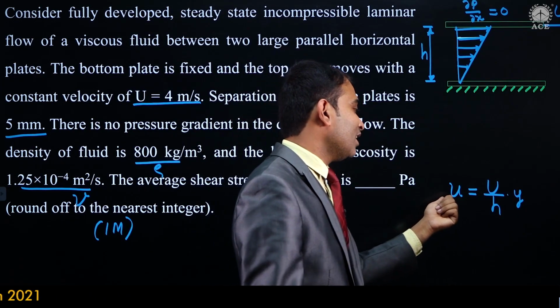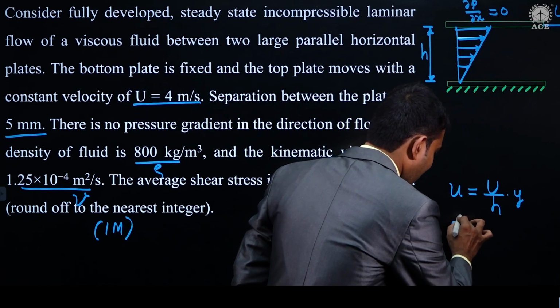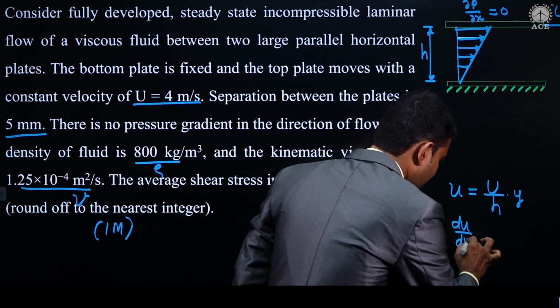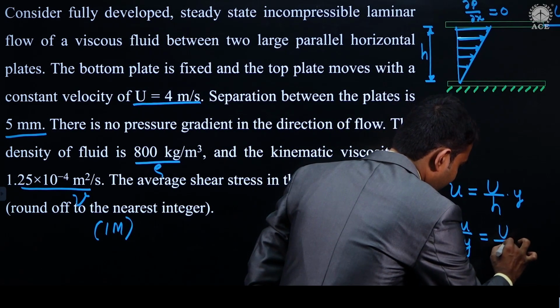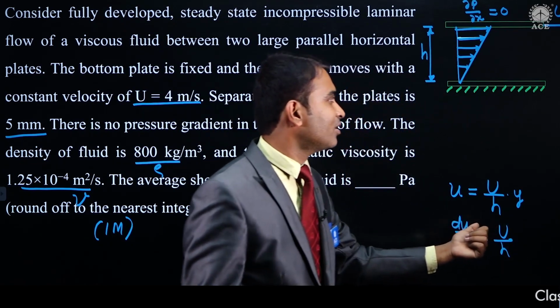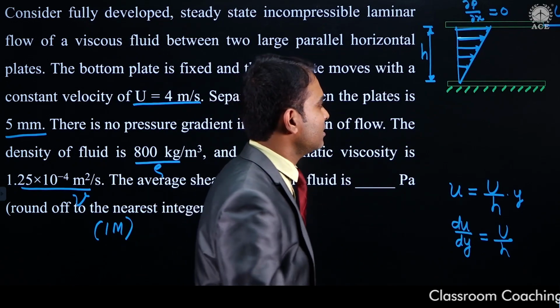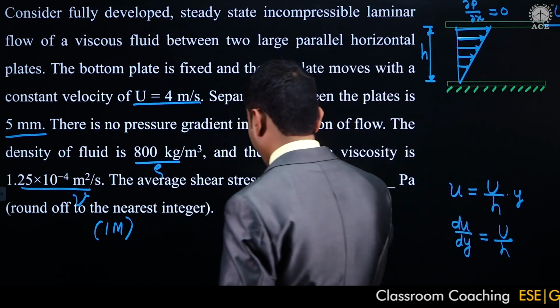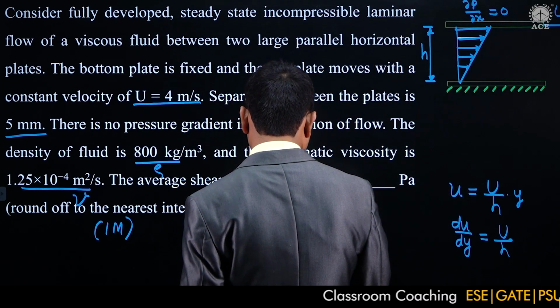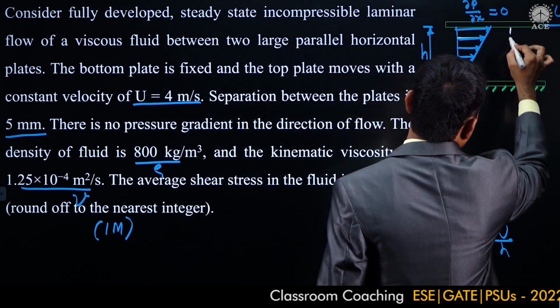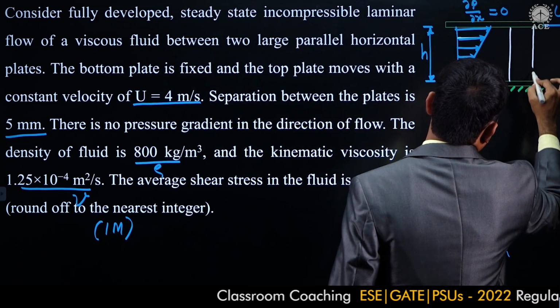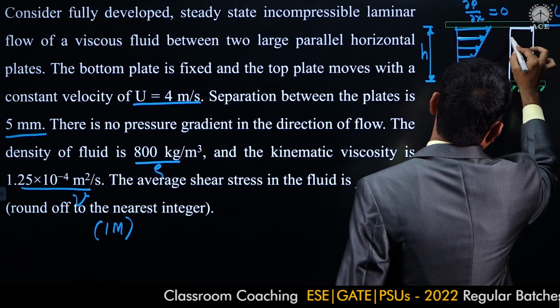So whenever velocity profile is linear, velocity gradient will be constant. du by dy will be simply U by H. Velocity gradient will be constant. When velocity gradient is constant, shear stress will be constant. So shear stress profile will be uniform throughout. So this is shear stress profile.